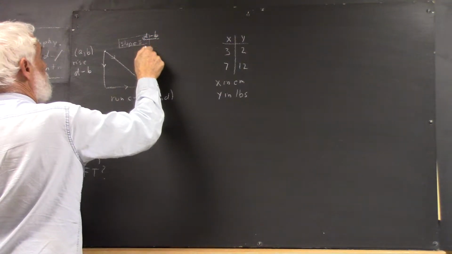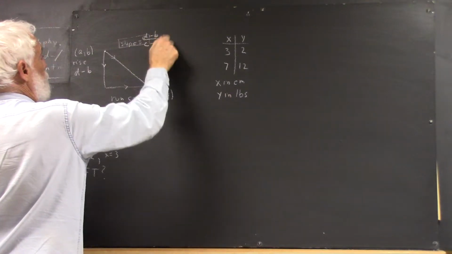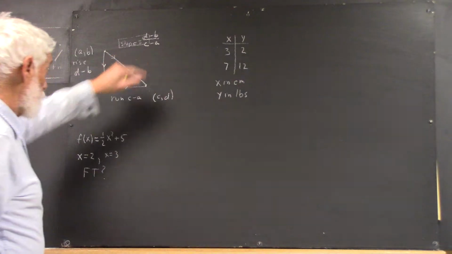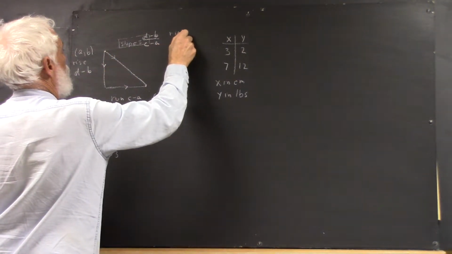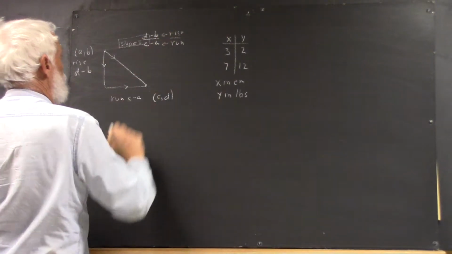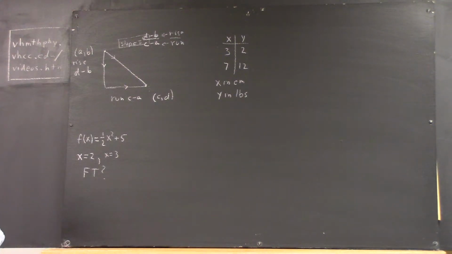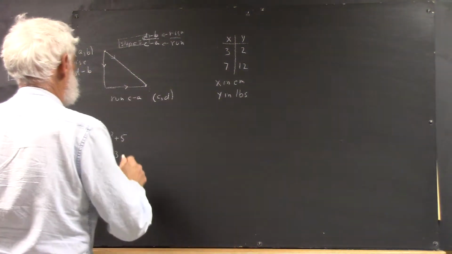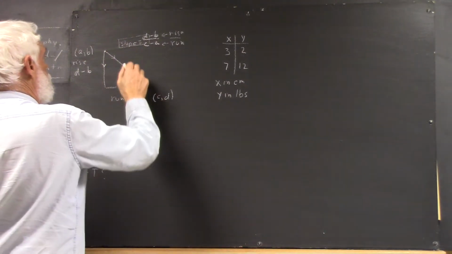Rise is D minus B, the run is C minus A. Went outside my box a little bit there, but I think that's legible. That's the rise divided by the run. And that's what we think of when we think of slope. That's also the rate of change. We'll come back to that idea.